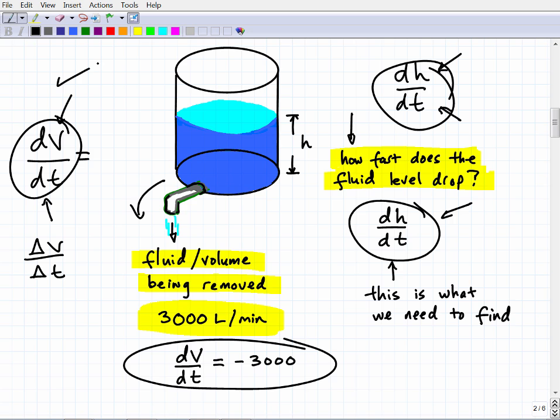You have something changing here, and you have something changing here over time. So this is the perfect type of problem for calculus to solve. You need calculus to solve this type of related rates of change, and that is a major, foundational concept of what calculus is all about.